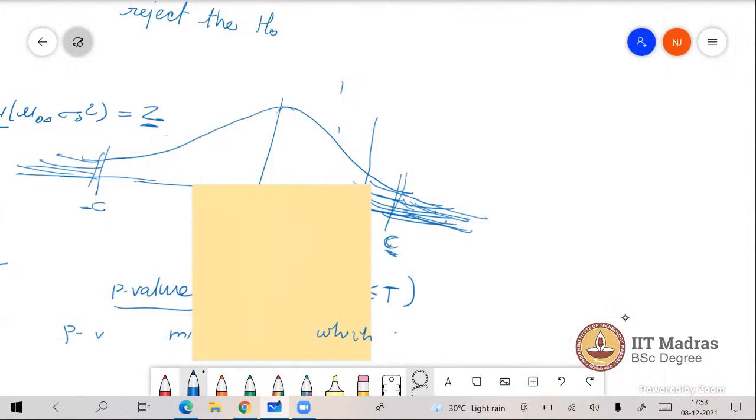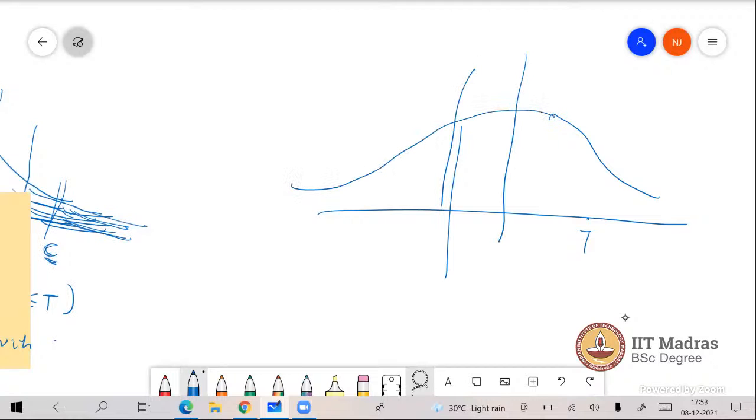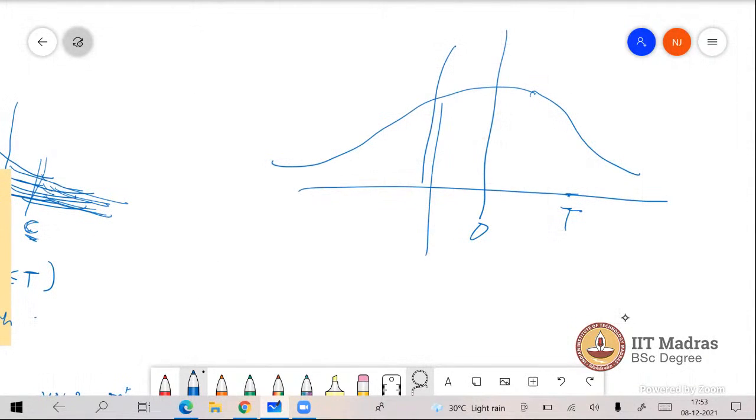You can check this using a diagram as well. Let's say this is your T, the test statistic value, and this is your normal 0 1. This is your observed value t. This area is your p value.